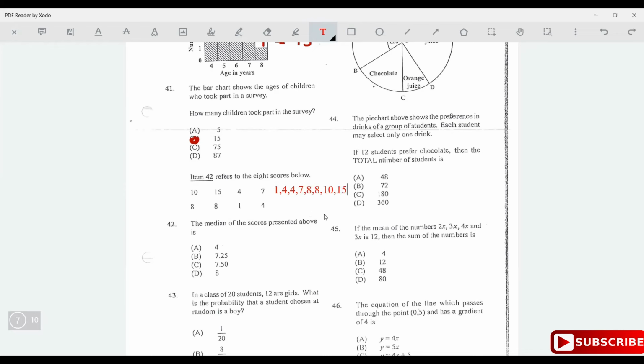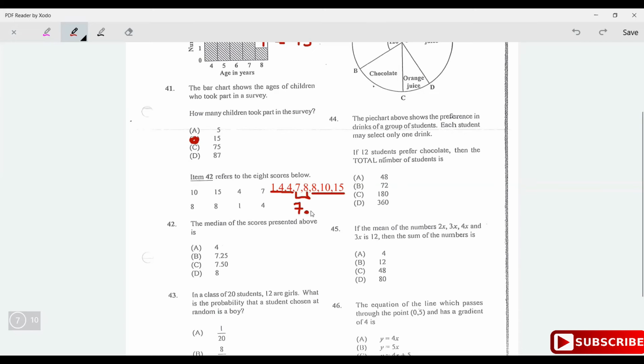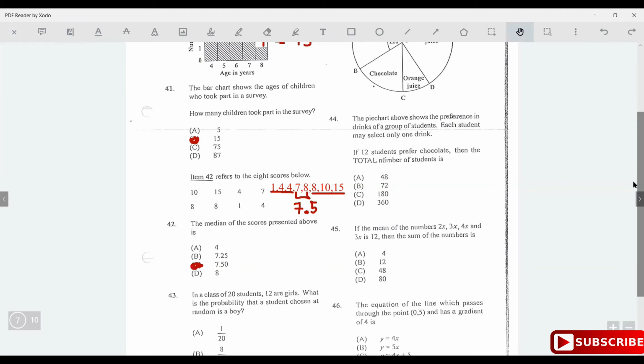I rearrange them in ascending order. Now the median is the number in the middle. All right, so let's get off these 3, get off these 3. There are 2 numbers in the middle. So we find the average of these 2 numbers, and that is 7.5. And so the median is 7.5. Easy question, that's a prep school question.